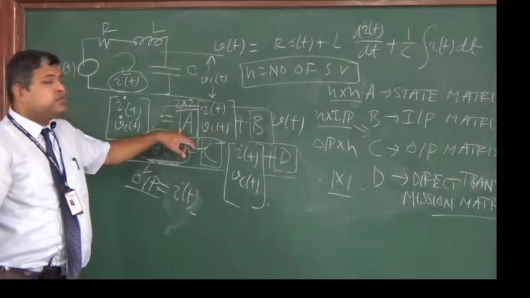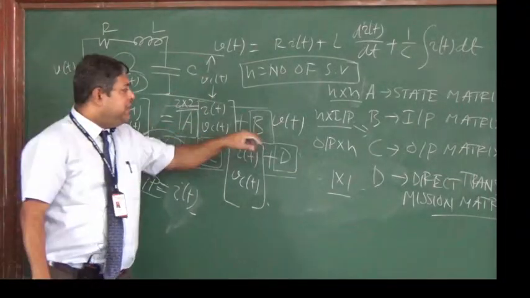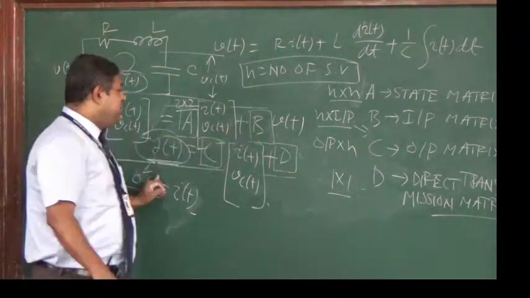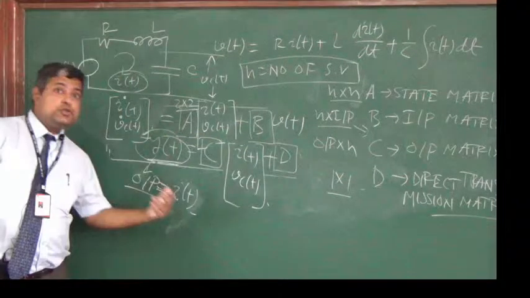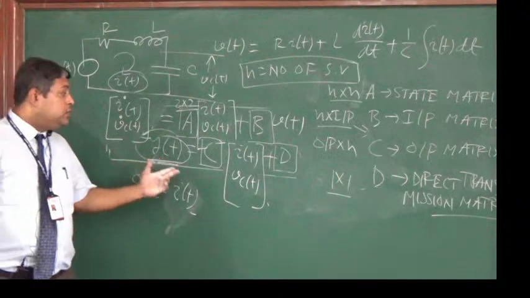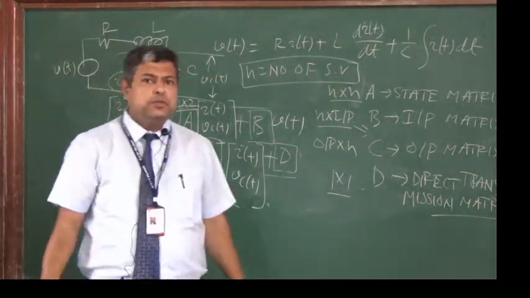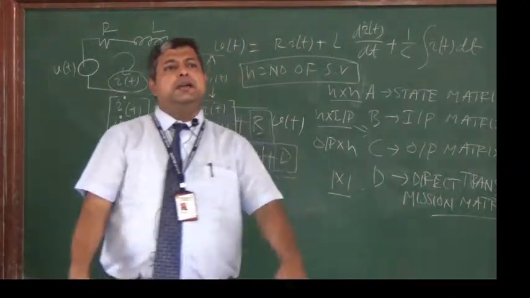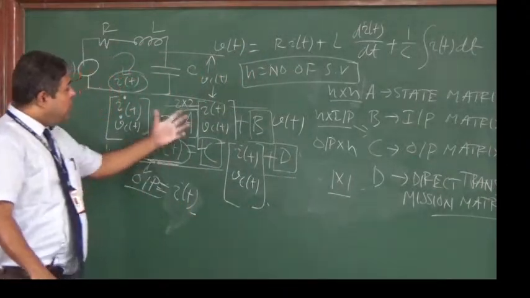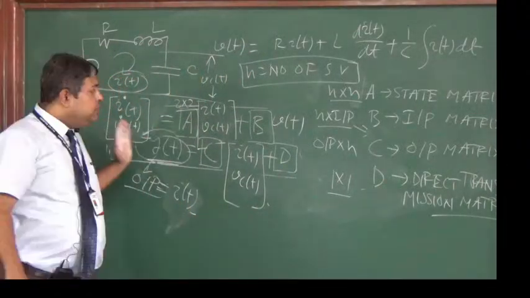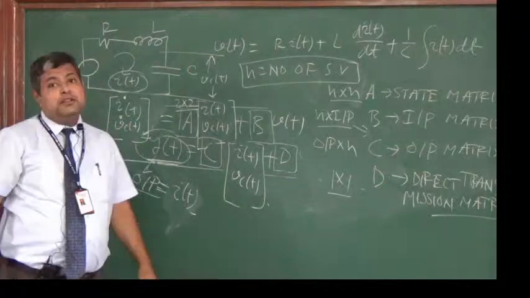So the A matrix will be n cross n, 2 cross 2. The B matrix will be 2 cross 1. The C matrix will be 1 cross 2 because there is only one output and two state variables, and the D matrix will be output cross input, 1 cross 1. All this we have to find, and that will be the state variable definition for this system.